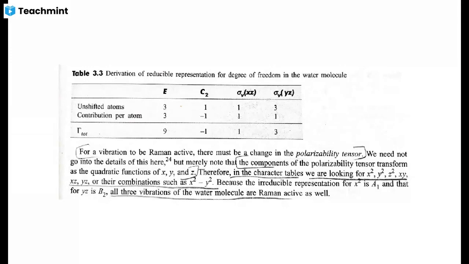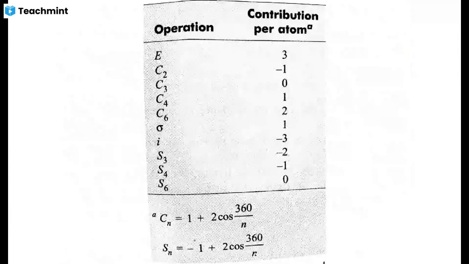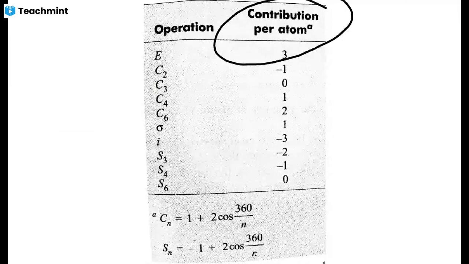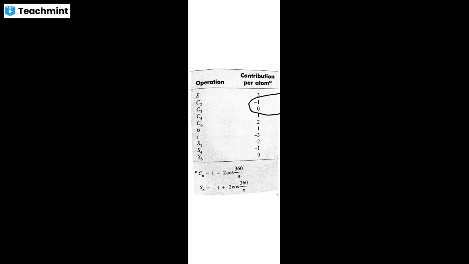Okay. So next is the character contribution per atom. For E it is 3, for C2 it is, for Cn group you should use the formula.